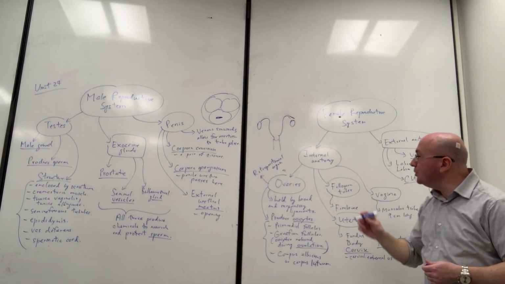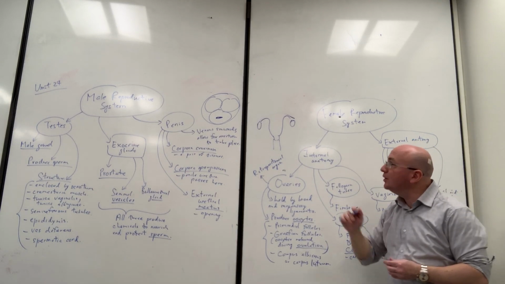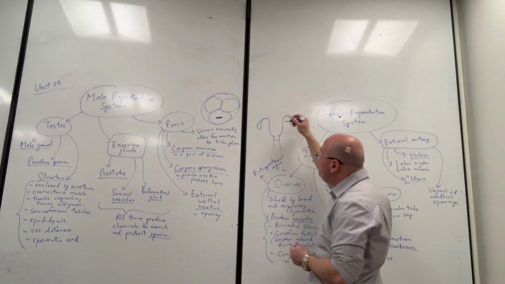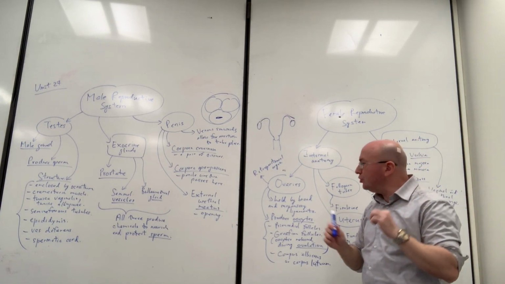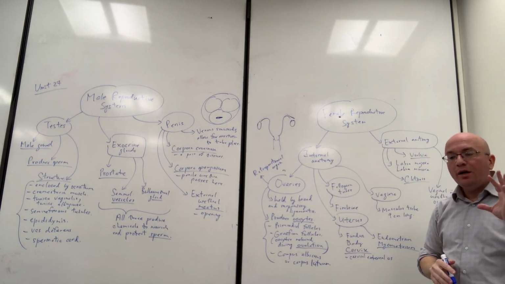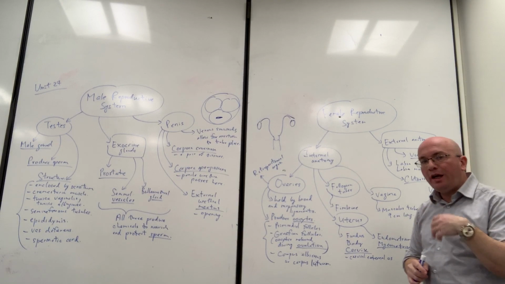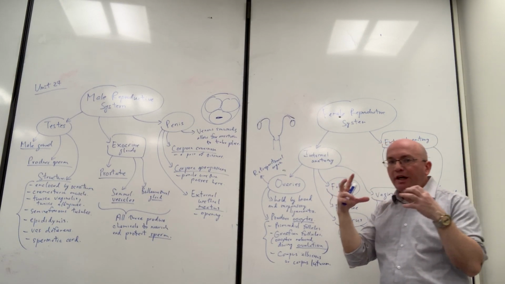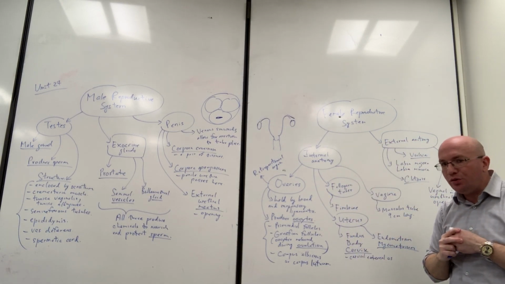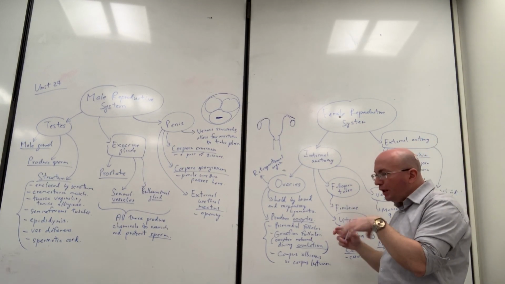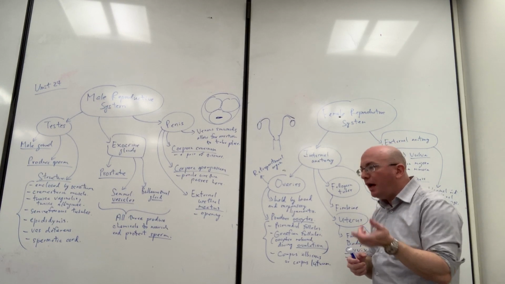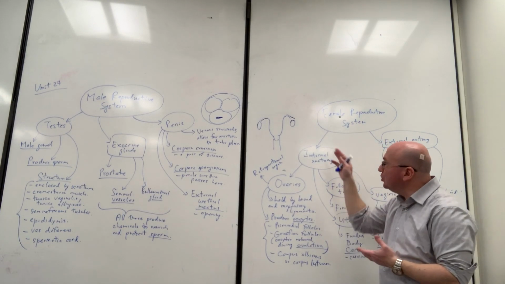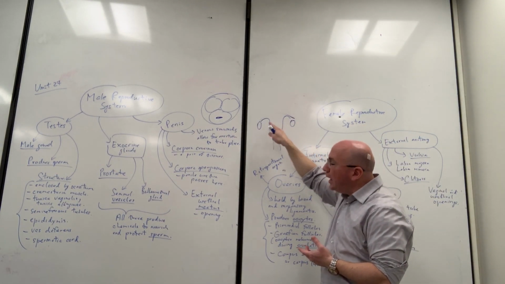So the fallopian tubes are hollow tubes that connect to the ovaries, and they have these finger-like projections called the fimbriae. These are important to catch the egg, as the fallopian tubes are actually not in direct physical contact with the ovaries. And when they catch the egg, they allow the egg to be pulled in after ovulation into the fallopian tubes so it can begin its travel into the body of the uterus.